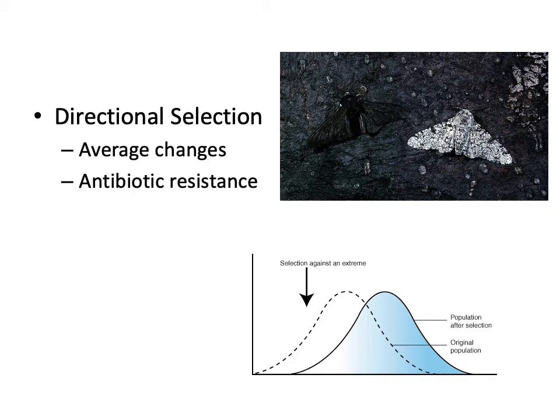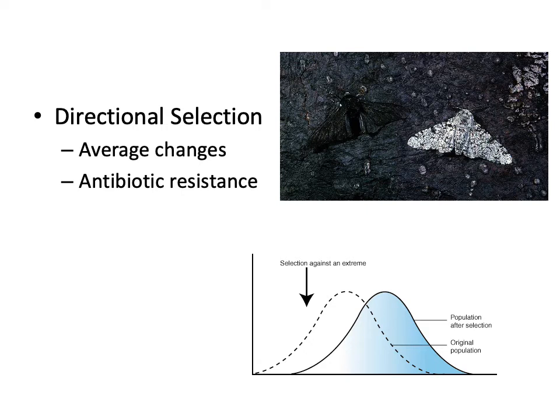For example, in the 1940s, we first started using antibiotics, and all of the population of bacteria was susceptible to antibiotics. Now the average characteristic of some of those populations has changed, especially around hospitals, where many populations of bacteria are more resistant to antibiotics. The average characteristics of the population changed.